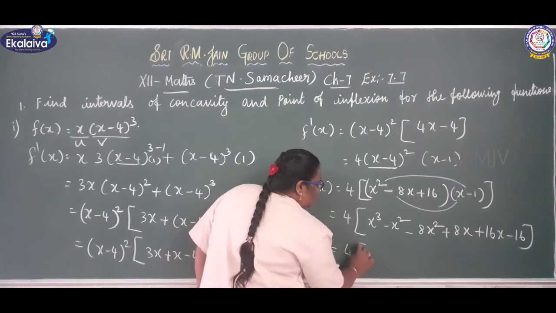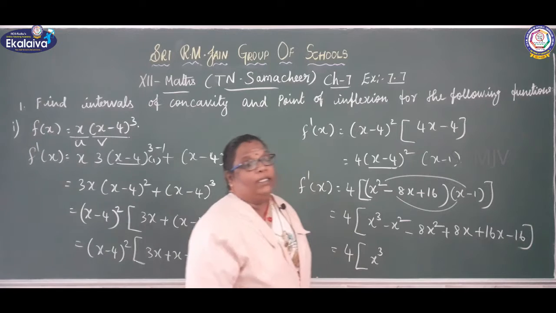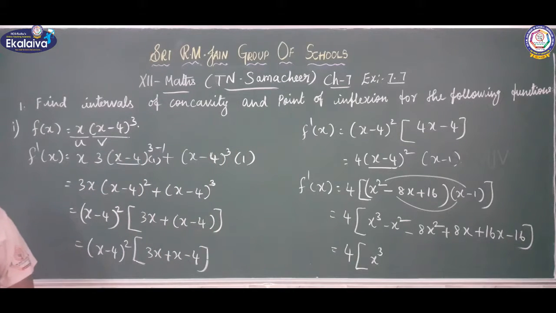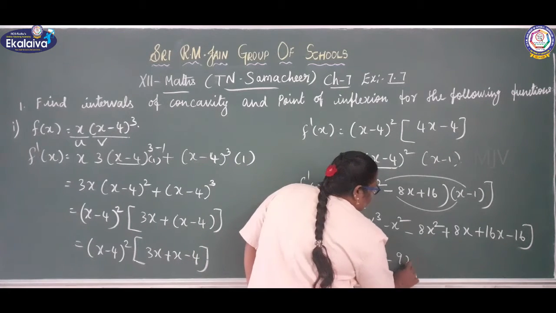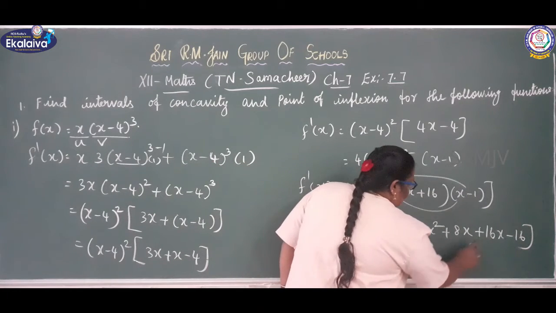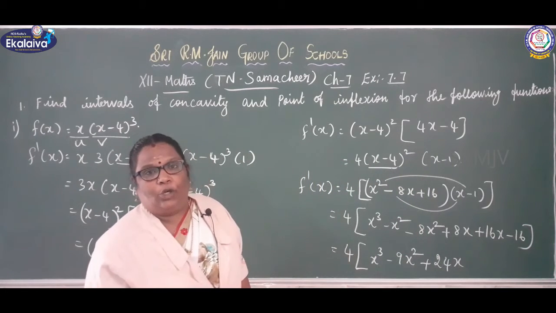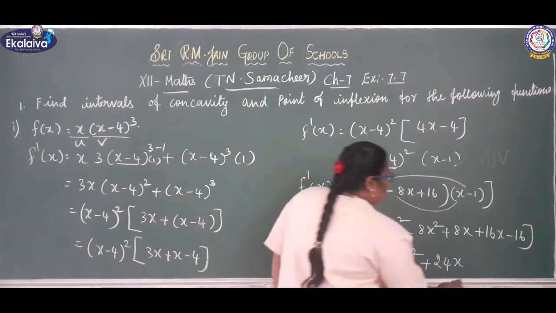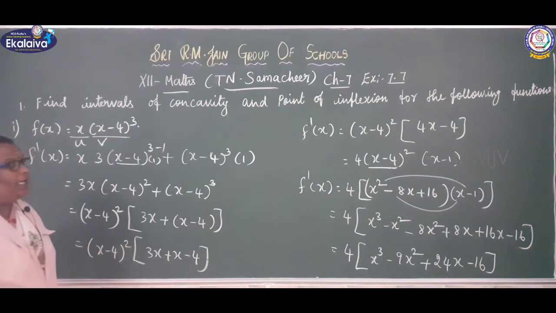So 4 into x cube minus 9x square plus 24x minus 16.